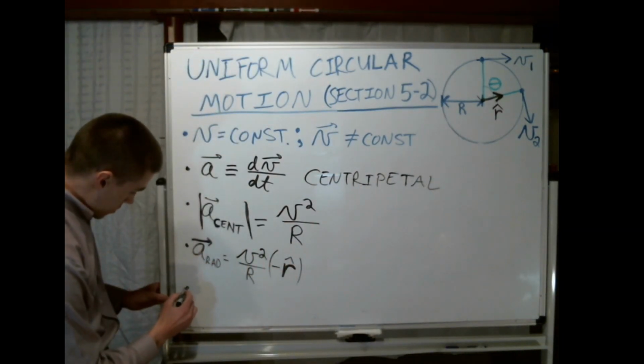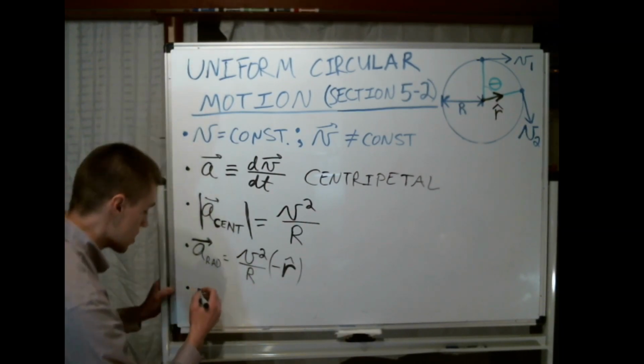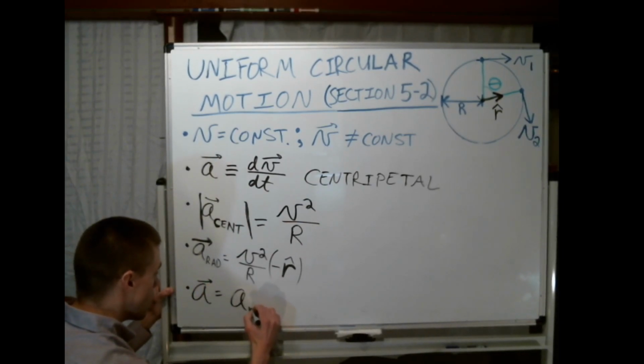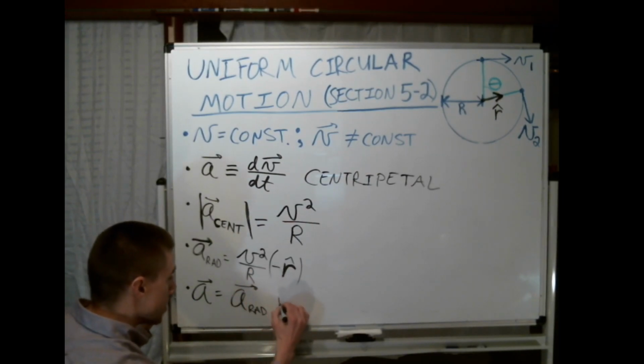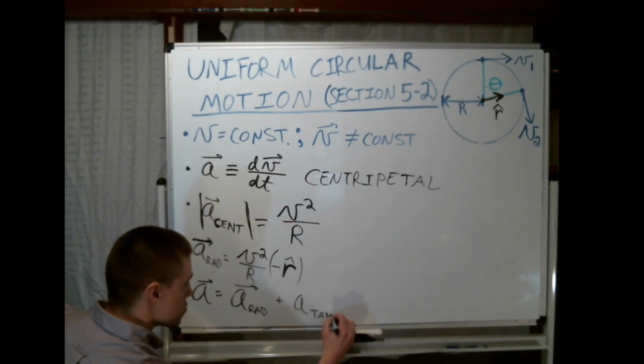There would also be another component to the acceleration, so the total acceleration vector would be a radial plus a tangential. Just write a tan for tangential.